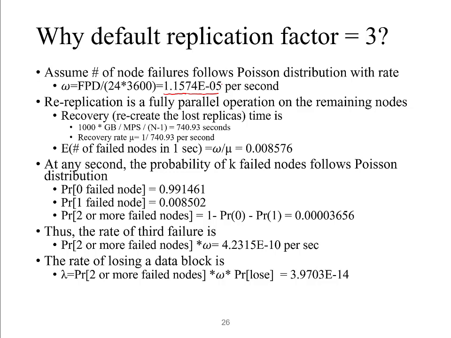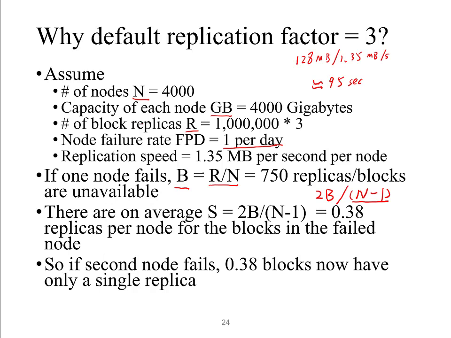The recovery time here: GB is the capacity of a single node in gigabytes, so we multiply it by 100, divided by MPS, the bandwidth reserved for replication, which is the replication speed.